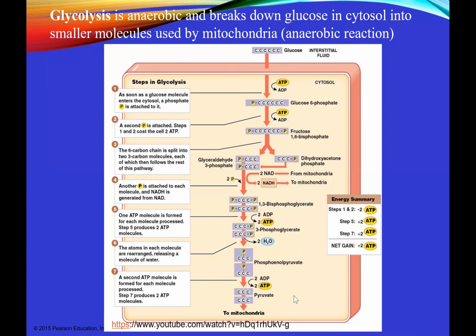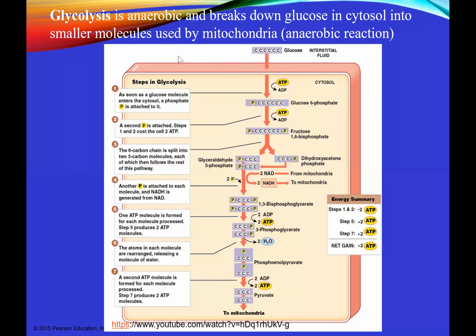Sorry, I'm wrong. It's called pyruvate. A 6 carbon glucose will break down to 3 carbon compound called pyruvate. So this is happening in the cytoplasm. It is anaerobic. It can proceed even in the absence of oxygen.